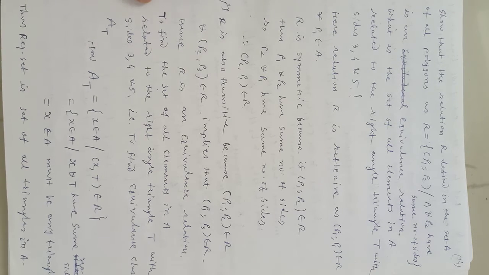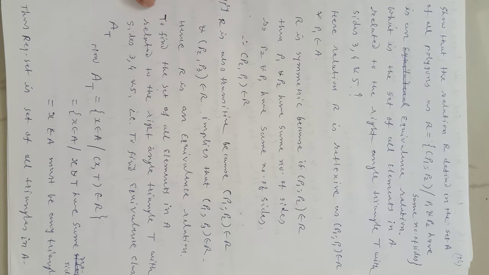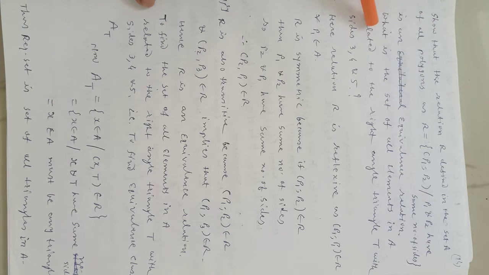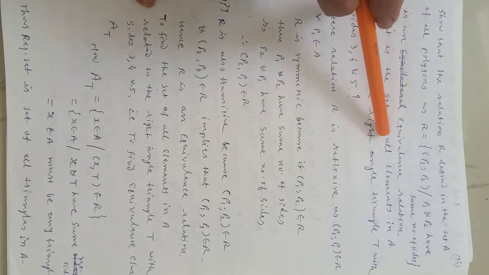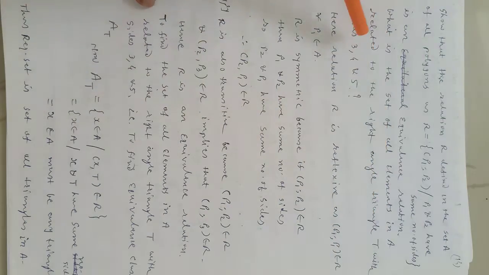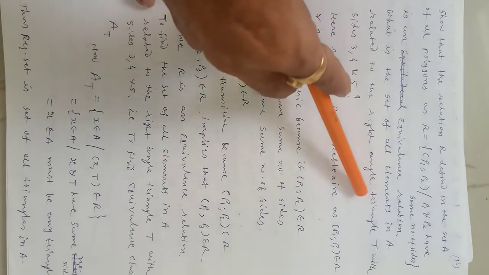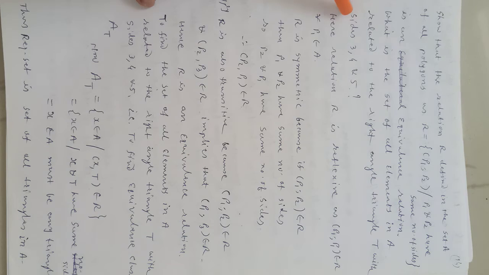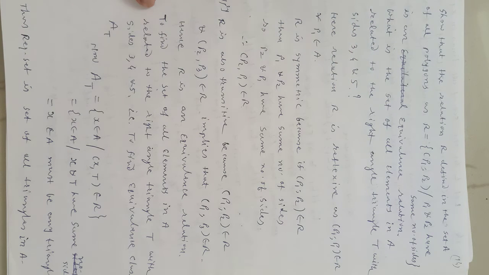Now we reply to the second question. What is the set of all elements in A related to the right angle triangle T with sides 3, 4, 5? Now, with sides 3, 4, 5, it means that T has 3 sides, so it is a triangle.